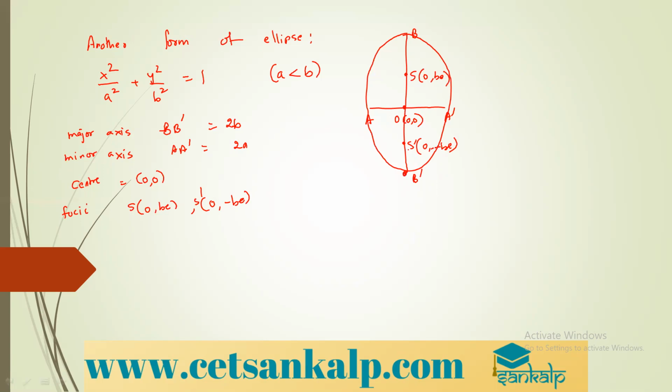Then the vertices of the ellipse B and B dash are 0, b and 0, minus b.